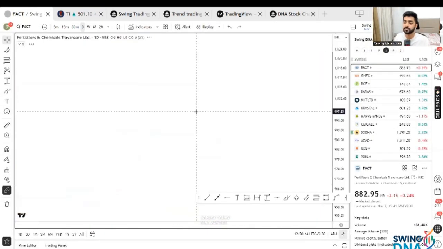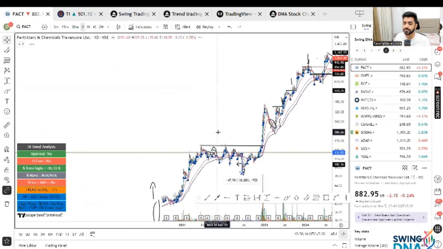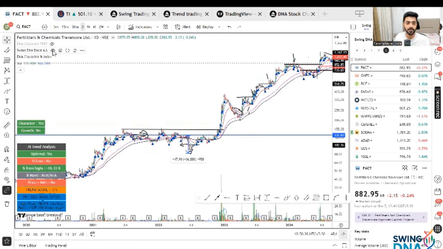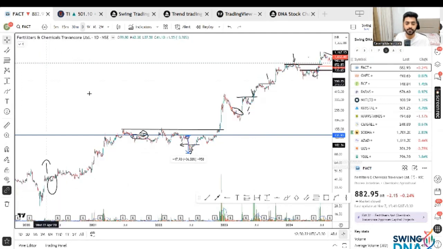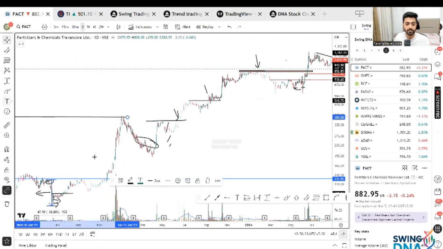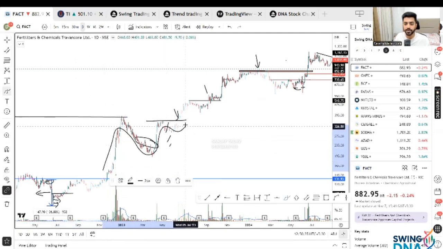At that point of time, they were also like this, only staircase fashion. Not too many pullbacks. Here. Moves up, consolidates, moves ahead, consolidates, moves ahead.